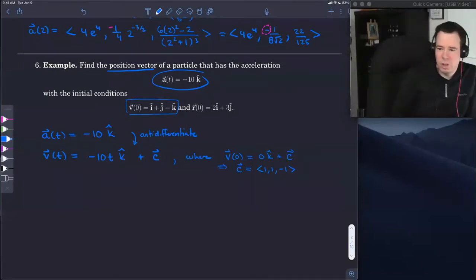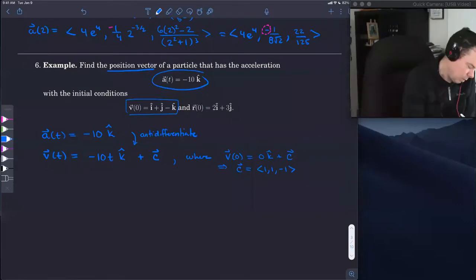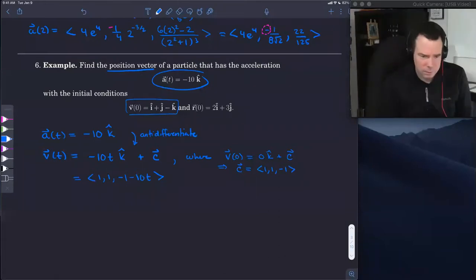So we anti-differentiate, we get our constants of integration, and then we use the initial condition v of 0 to figure out what those constants have to be. And so that tells us that this is 1, 1, negative 1 minus 10t. There's our velocity.